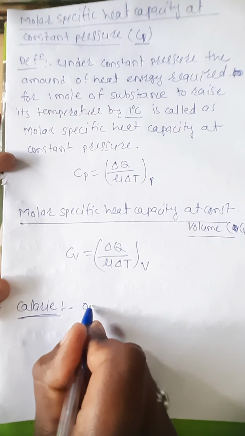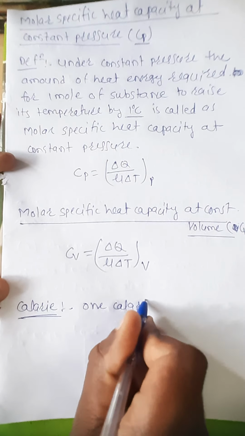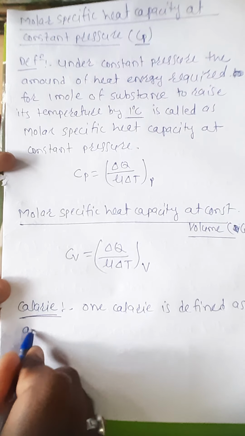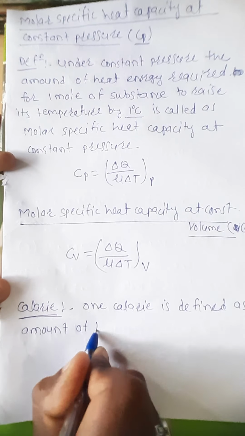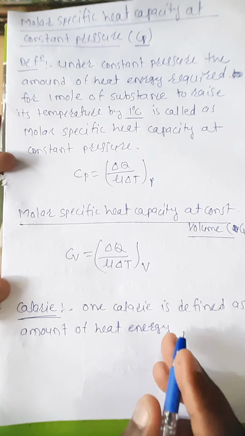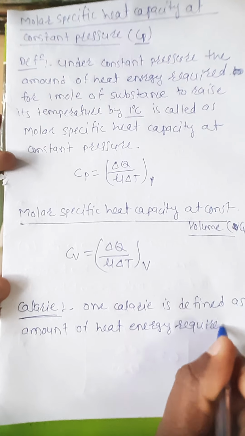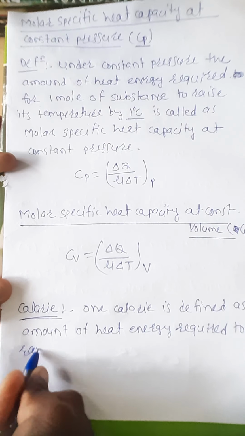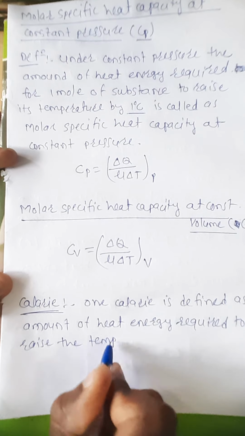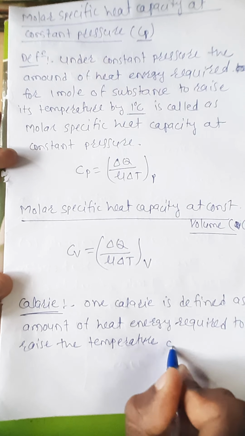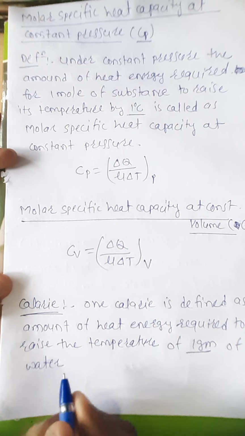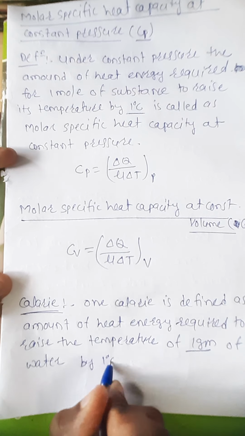What is meant by calorie? 1 calorie is defined as the amount of heat energy required to raise the temperature of 1 gram of water by 1 degree Celsius.